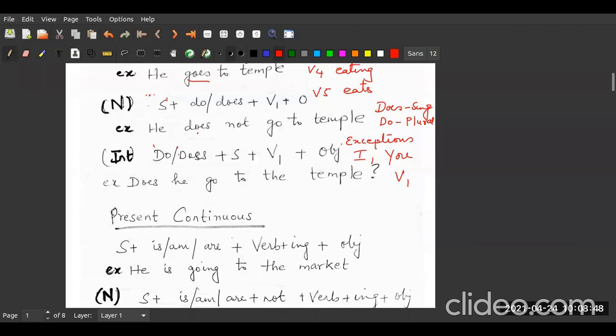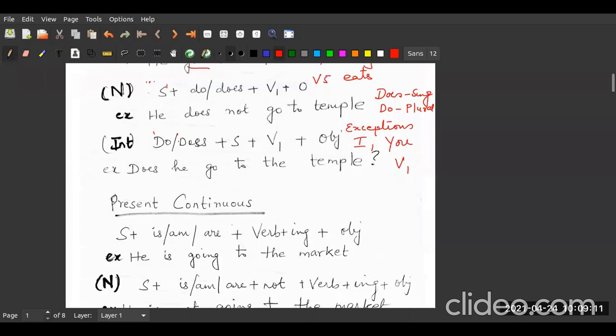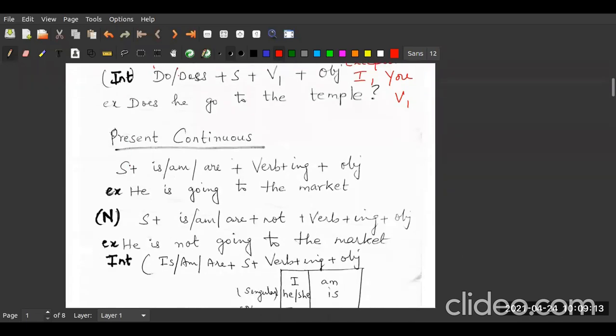So, he goes to the temple. What is the negative? He does not go to the temple. You see here it is goes, but when you use do or does, then you use only go. He does not go to the temple is the negative. And does he go to the temple? It is the interrogative.